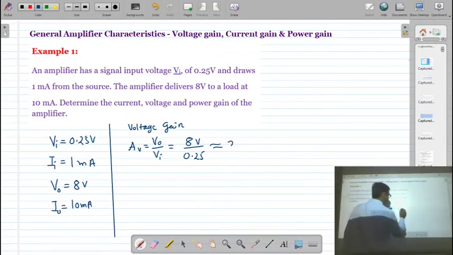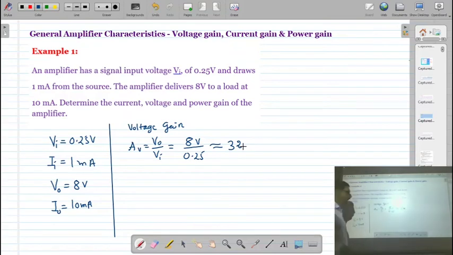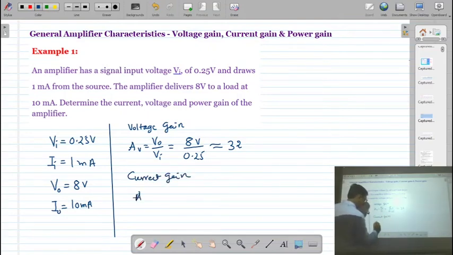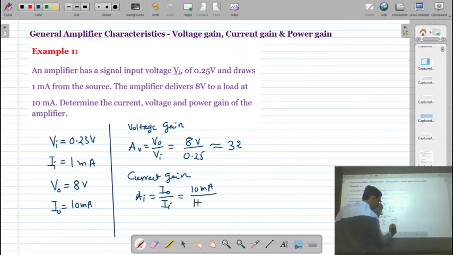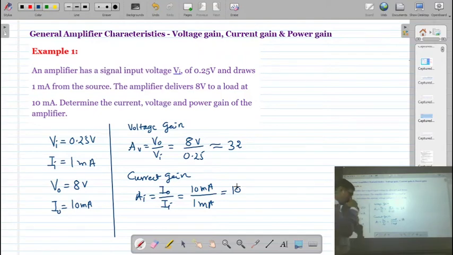So the voltage gain of the amplifier is 32. Then what is the second one? The current gain. The current gain AI is equal to the output current divided by the input current. Output current is 10 milliampere, input current is 1 milliampere, so this is 10. Current gain is 10.